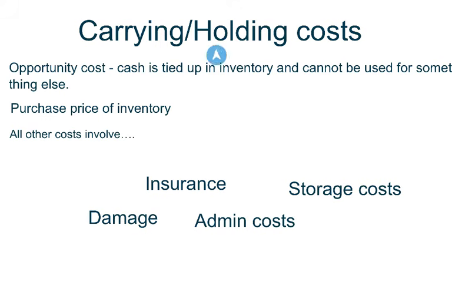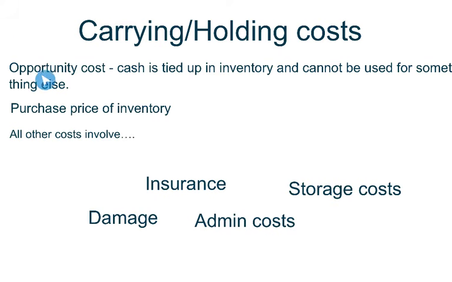With carrying or holding cost, we refer to the cost to hold or to carry this inventory. Now, first of all, what is included? We will say the purchase price of the inventory. That makes sense. That is a holding cost or a carrying cost. Then also the opportunity cost.